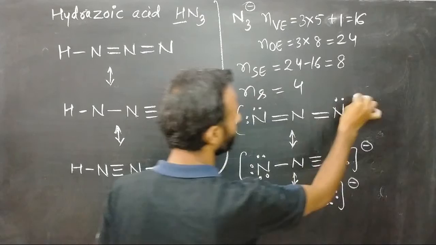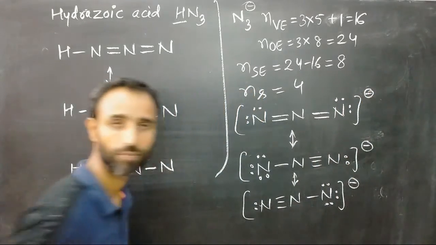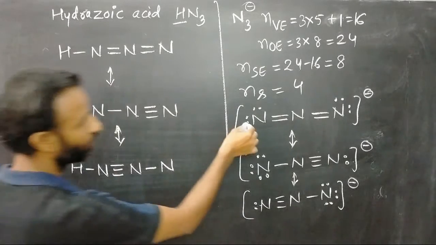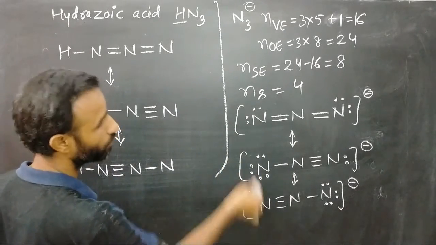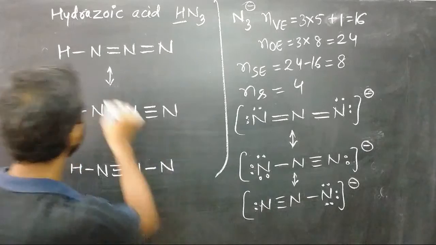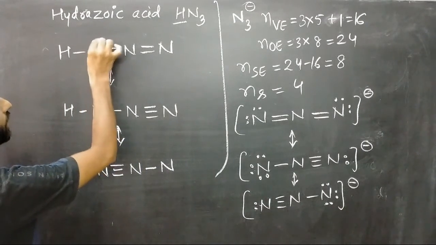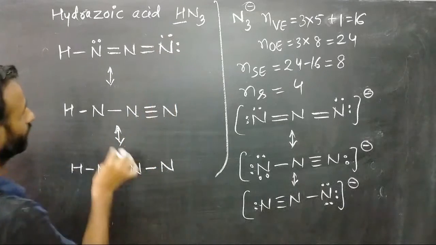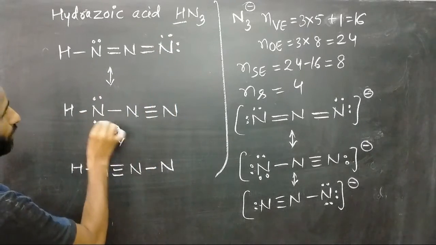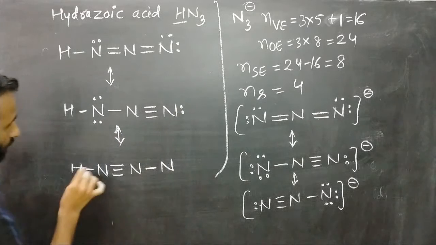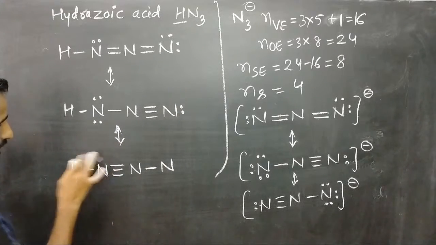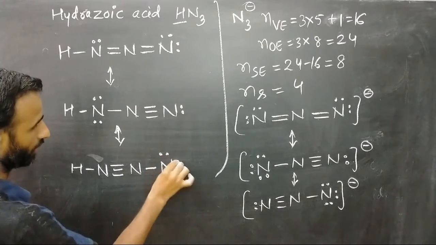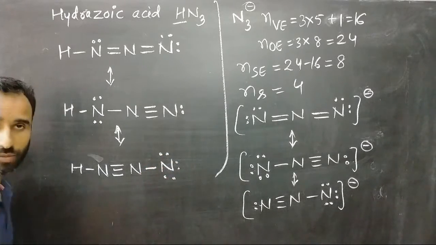There are 4 bond pairs and 4 lone pairs in azide. Here I attach H plus. So it has 1 lone pair, it has 2 lone pairs. Here it has 2 lone pairs, 1 lone pair. No lone pair. Again no lone pair and 3 lone pairs.